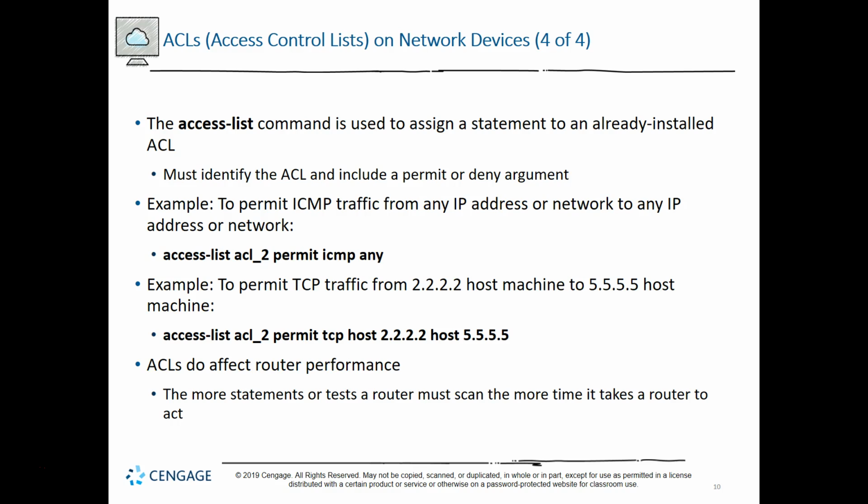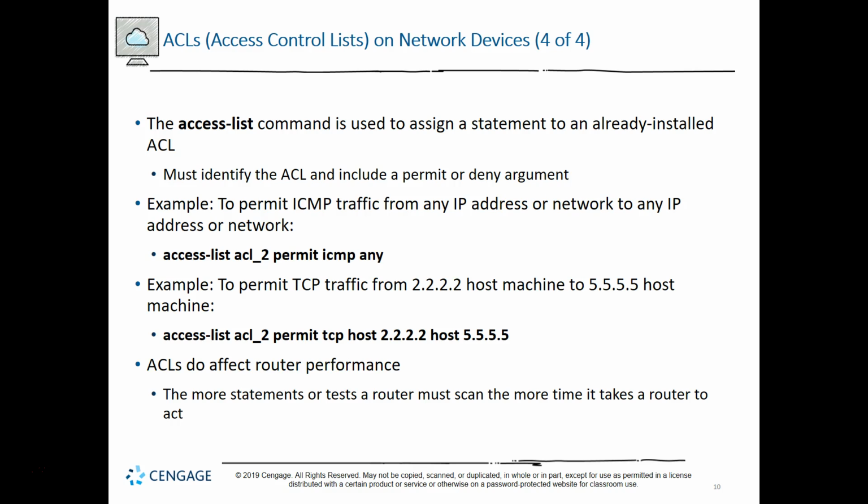So here are some examples if we're inside of a Cisco switch. I will say that this chapter, when you're reading it, reveals a little bit of some Cisco bias, but we'll let it slide for now. So we're creating this list. Here, the second example, because I can point to it a little easier: permit traffic from 2.2.2.2 to 5.5.5.5.